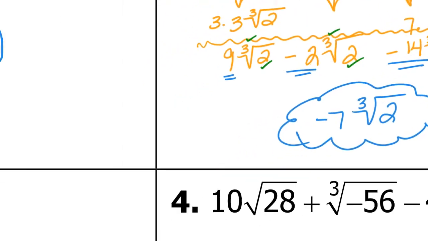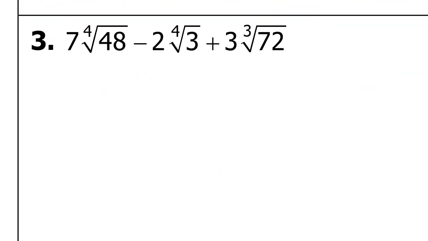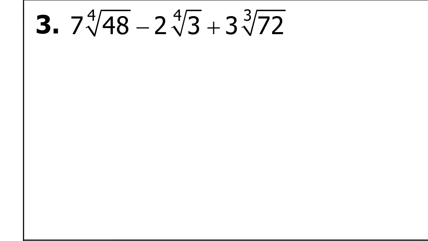Let's try another one. Let's take a look at this one. Now before I get started, I can already see that I have 2 terms with an index of 4, and 1 with an index of 3.